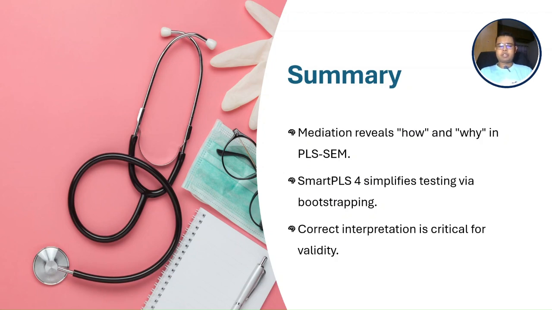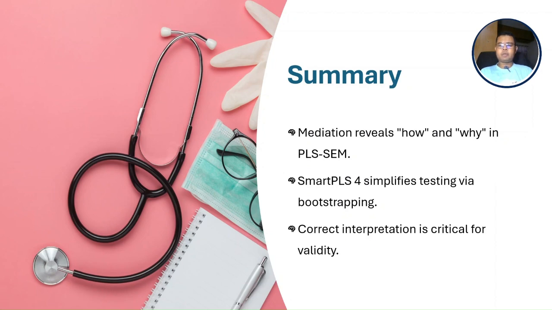If you use different types of software, you can use them, right? Right now, there are lots of software: Amos, Stata, and in some cases R, right? So you can use PLS-SEM in any software, but SmartPLS, especially version 4, simplifies the testing via bootstrapping. Finally, correct interpretation is critical for validity, right?